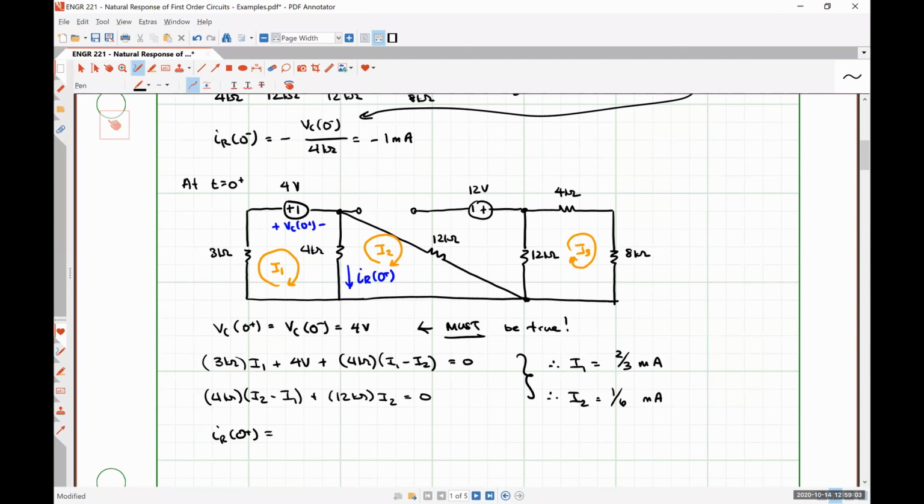Right, so it's just the difference in the currents, right? So it would be I1 because it's in the same direction as it flows through that 4 kilo ohm resistor branch, minus I2 because the mesh current I2 flows in the opposite direction as indicated by IR. So 2/3, so 4/6 minus 1/6 is 3/6 or 1/2 milliamp, or 500 microamps if that floats your boat.